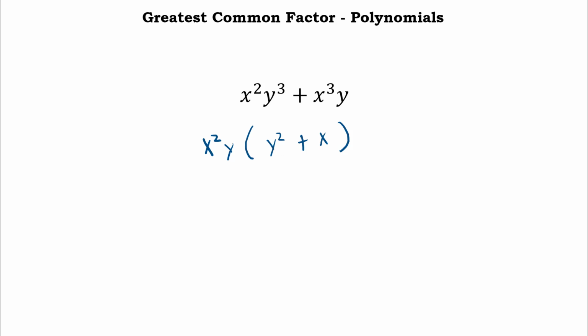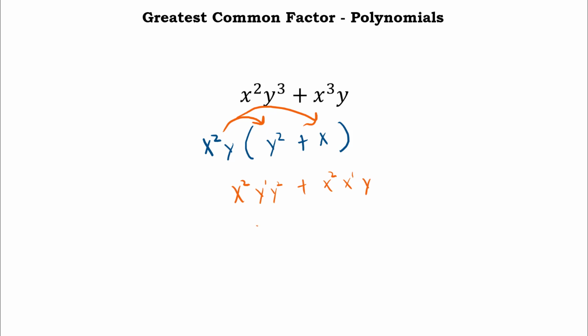So again, if you multiply this back, it makes sense. I would take this times y squared, I would get x squared, and then y to the first power times y to the second power. And then if I take x squared times x, I would get x squared times x to the first power times y.